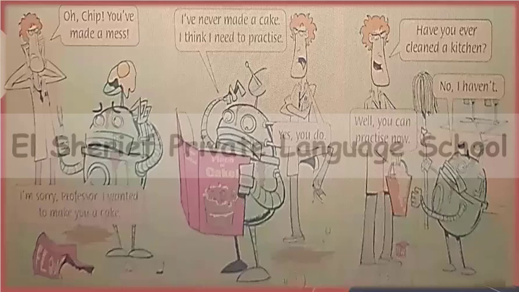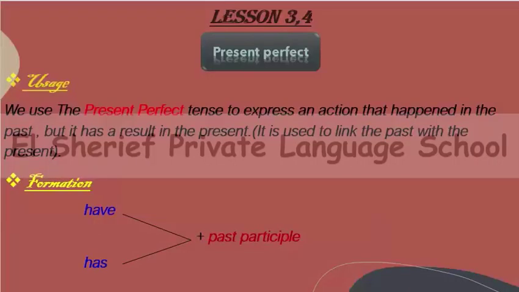Here we can see the helping verb have and a main verb like made and cleaned. What is this for? This is what we have today in lesson 3 and 4. This is called present perfect.